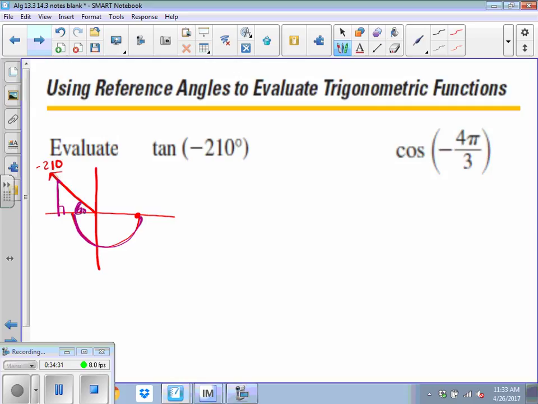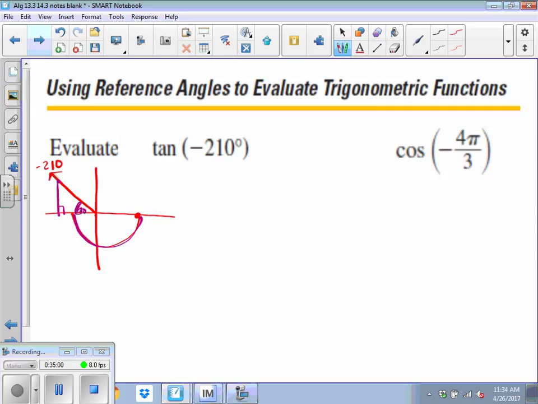Now, I can find tangent of 30 degrees. That's a special right triangle. What are the ratios for 30, 60, 90? 1, 2, square root of 3. Correct? 1, 2, square root of 3. But because it's in the second quadrant, those signs, you need to make sure they're correct. So opposite the 30 is always the 1.